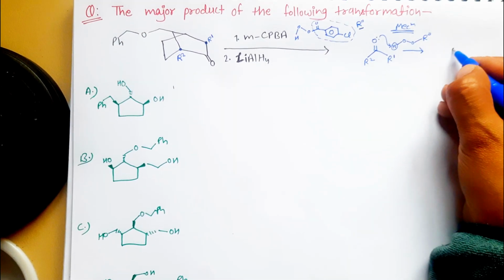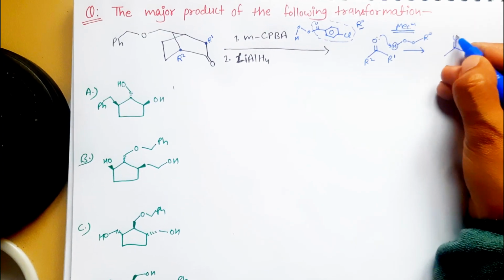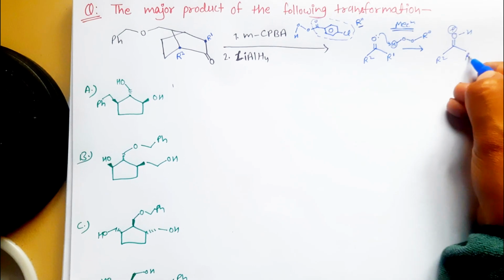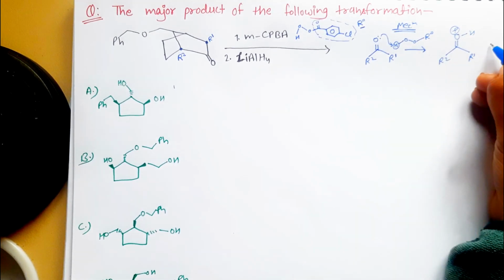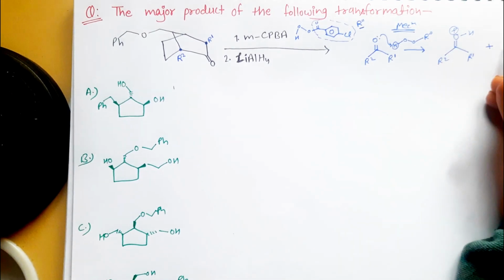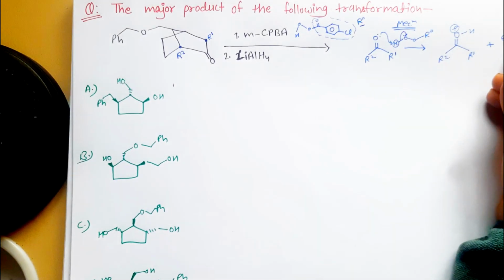So here we saw after step 1, one protonated ketone is formed, and here a nucleophile is formed, like this bond electron shifts to this oxygen atom.